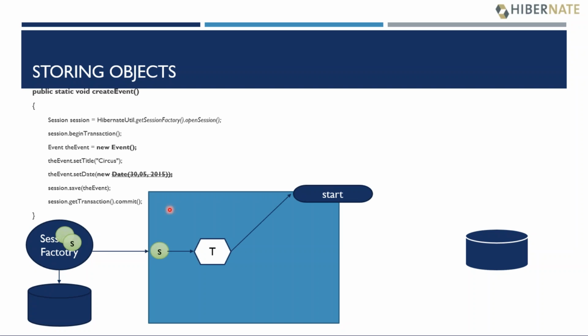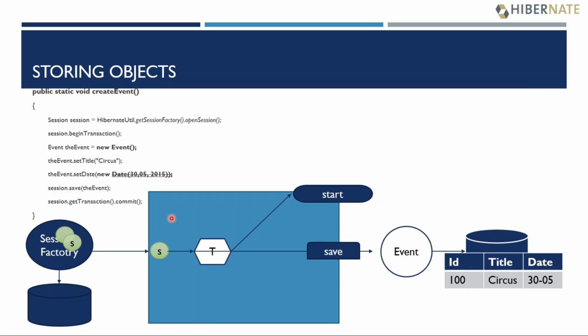That is your transaction, and you have to start it. You have the event object over here, event.setTitle and the date. And when you call session.save(event), it will save this event to the database.